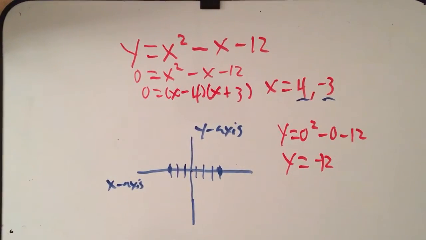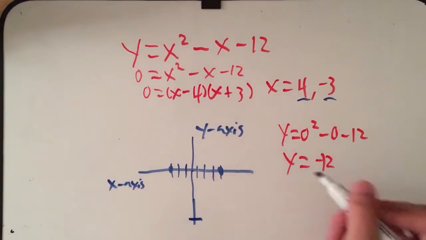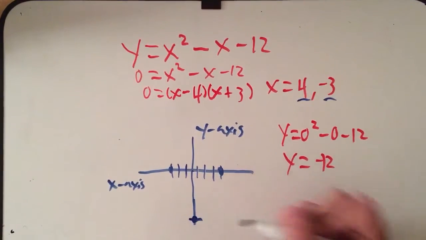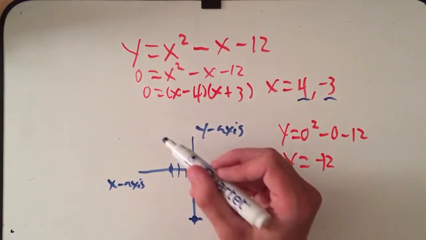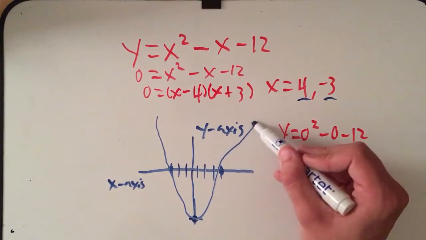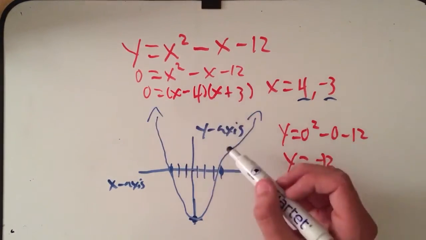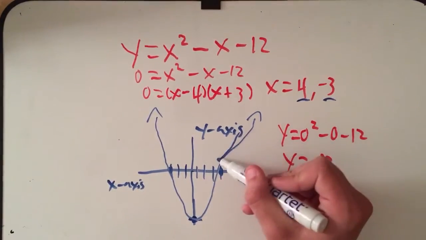So that tells us that y is all the way down there. And you also can tell that it's a positive number, so it's going to be going upwards. So our graph will look like this. Had to go around the y-axis there, but it'll go like that, so right through.